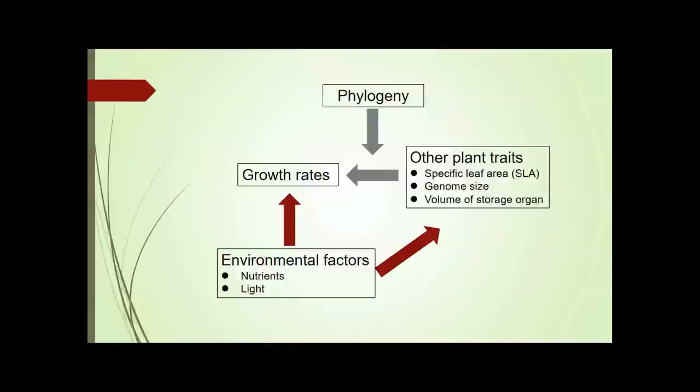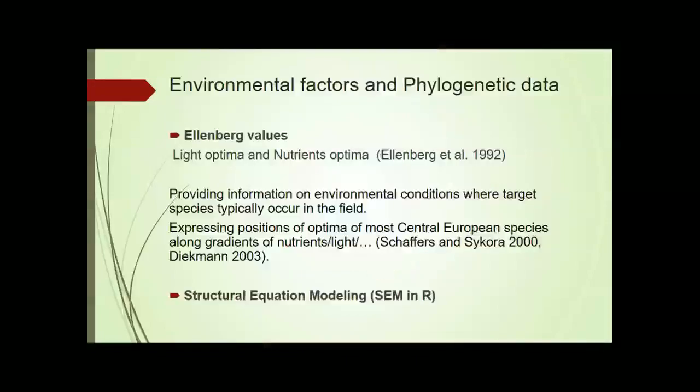What about the role of environmental factors? So we used Ellenberg values as the environmental factors. Here we named it light optimum because the Ellenberg value is collected data of environmental conditions for the species which occurs mostly there.